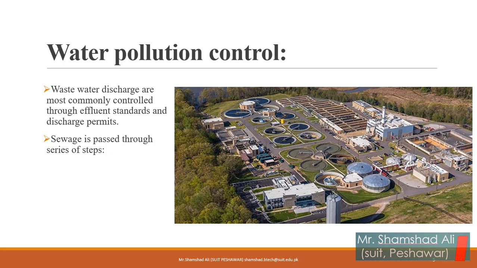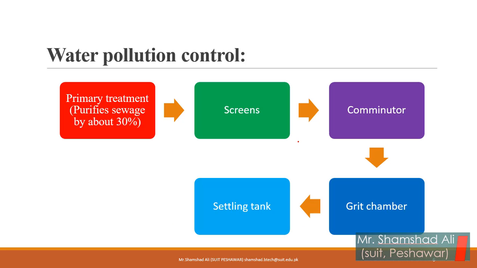This is basically a sewage treatment plant. As you can see in this picture, the whole area is covered by the sewage treatment plant, with different phases. In the next slide, we will learn about those phases, how the sewage is treated. This is the slide in which we can see how water pollution can be controlled. The first one is primary treatment, which purifies sewage by about 30%.